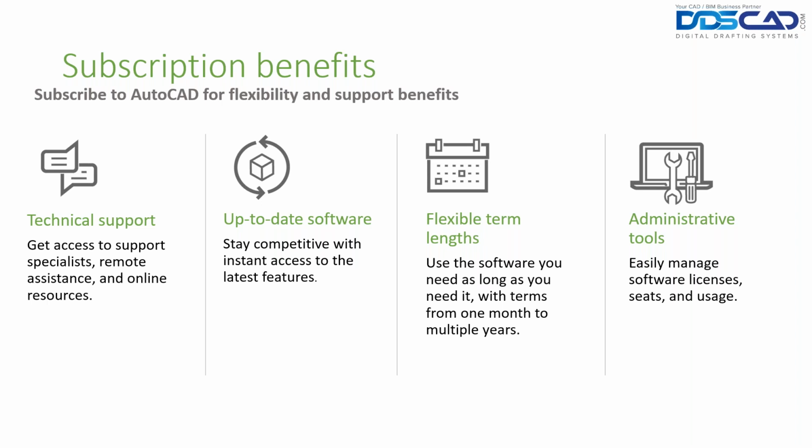As soon as 2022 was available for those with an active subscription, that software is available to you right away. There's no need to upgrade or do anything crazy, but as long as you're on an active subscription, you're able to get that latest version. Flexible term lengths and administrative tools. And if you do have any questions on any of those, always feel free to reach out to our team here, and we'd be happy to help you out answering those questions.